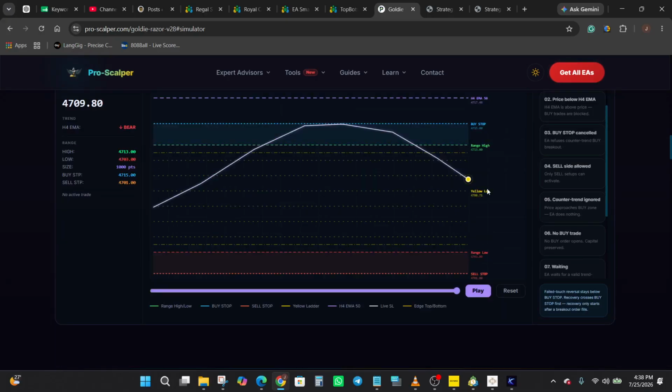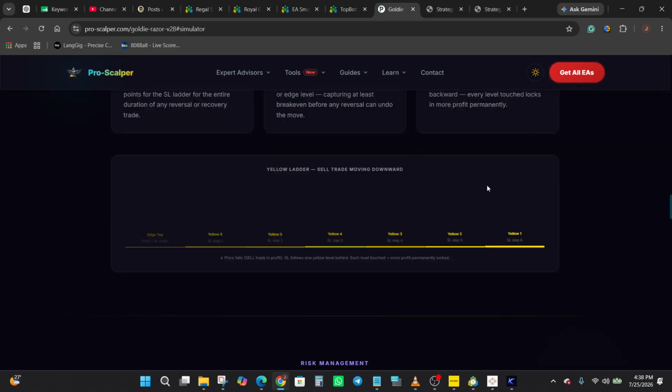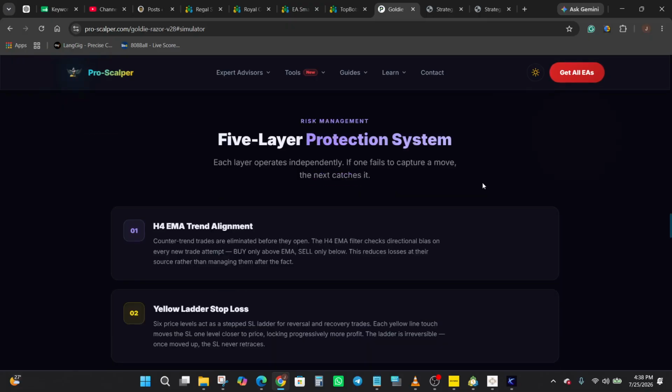It provides real-time visibility into current trend status, active range high and low boundaries, pending orders, yellow ladder SL positions, color coded P&L indicators, and the daily trade summaries directly on the chart.